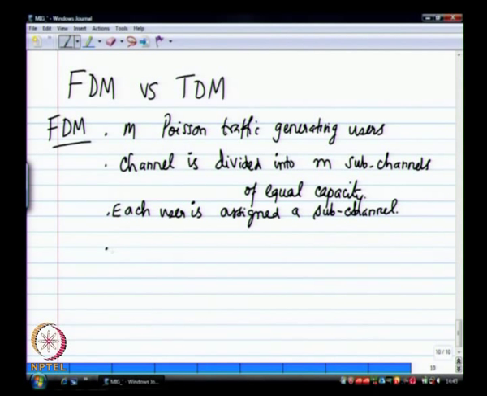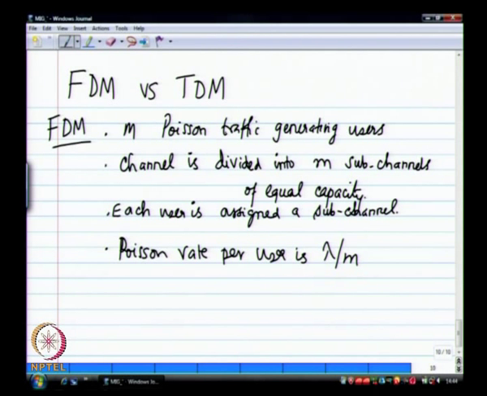And then let us assume that each user is Poisson, and just to make life simple, the rate per user is lambda by m packets per second, or lambda by m units per second.